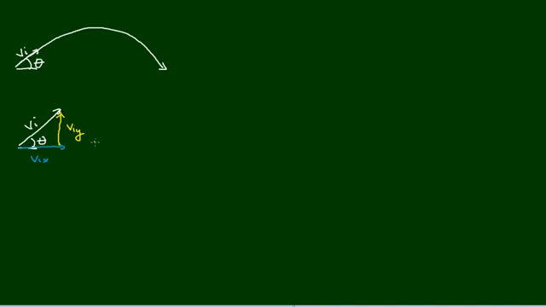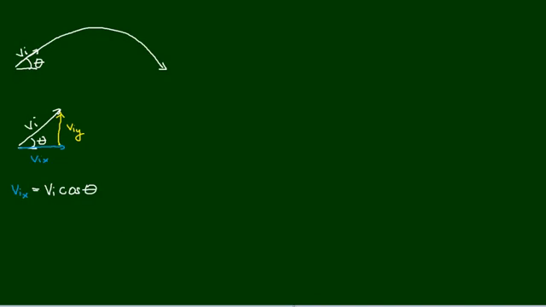Well, let's start with Vix. So Vix, as you could see, this is the side adjacent to the angle. Okay, so if it's the adjacent side, then we can use the cosine in order to get it. So Vix is equal to Vi cosine of theta.